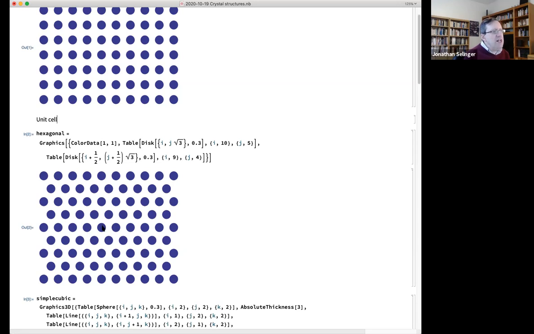You can see that this structure has special directions going horizontally and at plus 60 degrees and at minus 60 degrees. So it has a six-fold rotational symmetry. That is, you can rotate by 60 degrees and get back to the same kind of structure.